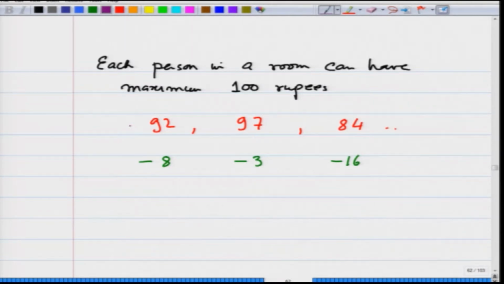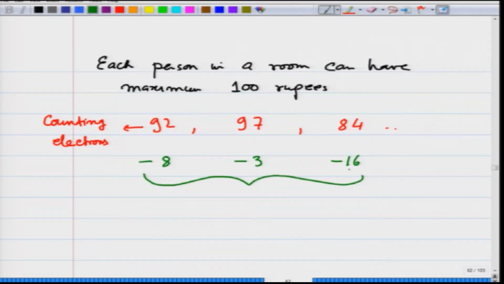So, this would in a loose sense correspond to counting electrons, and the negative numbers would correspond to counting deficit of electrons, which I am going to call holes.